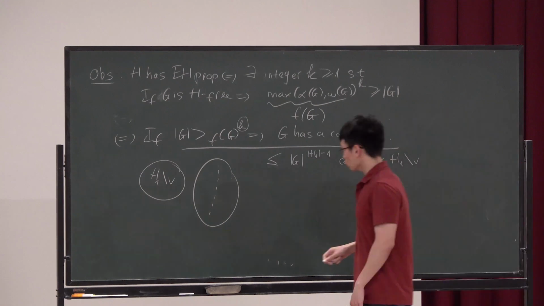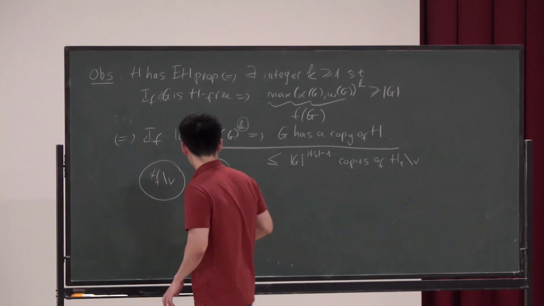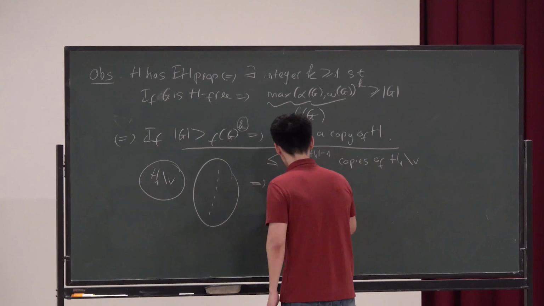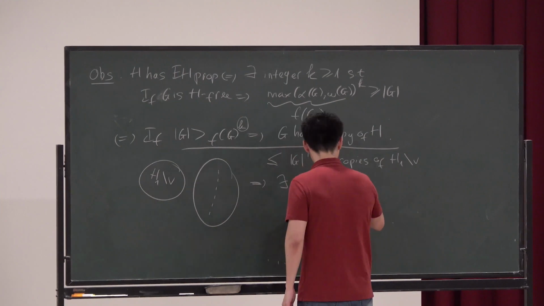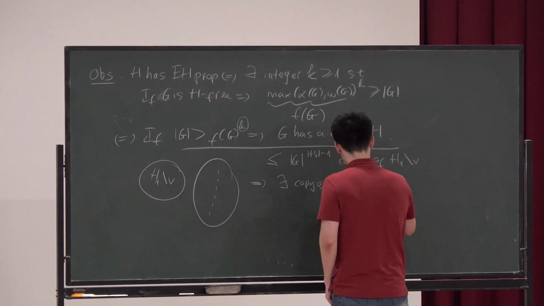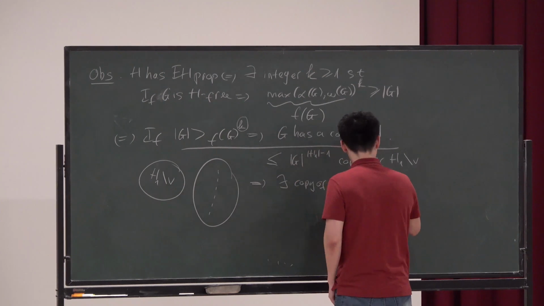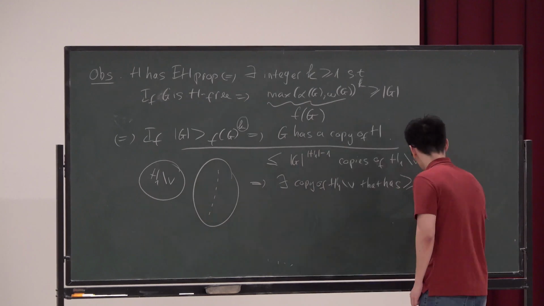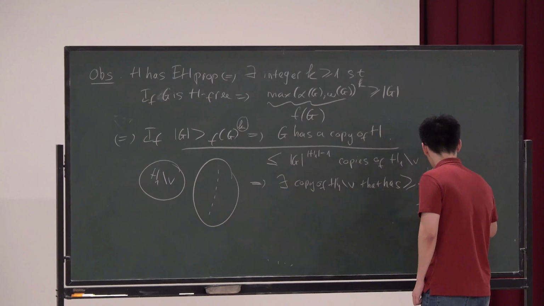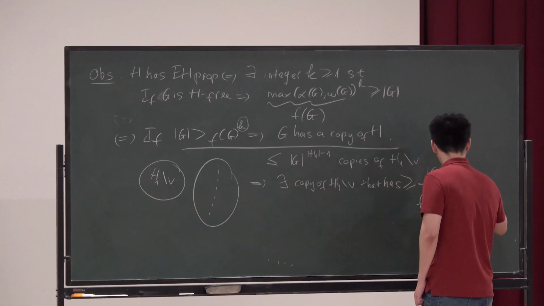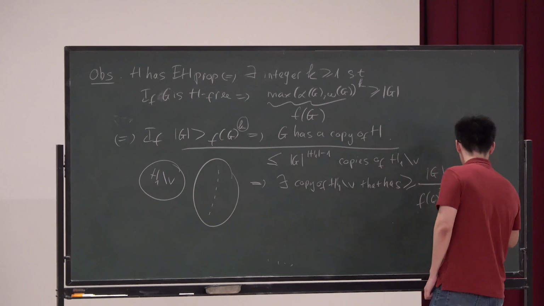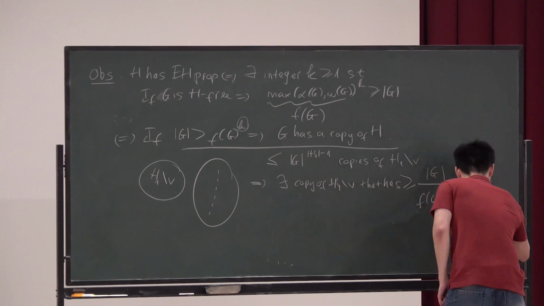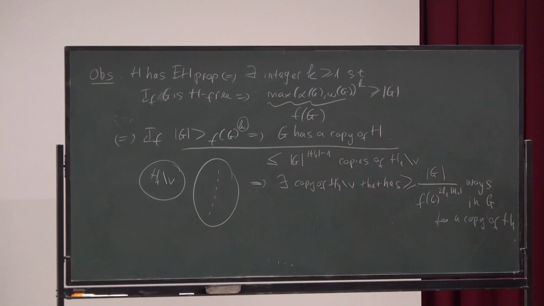And so together with this expression, what I can infer is, again by a similar double counting trick, that there has to be a copy of H1 minus V that can be extended in G to a full copy of H1. Makes sense?